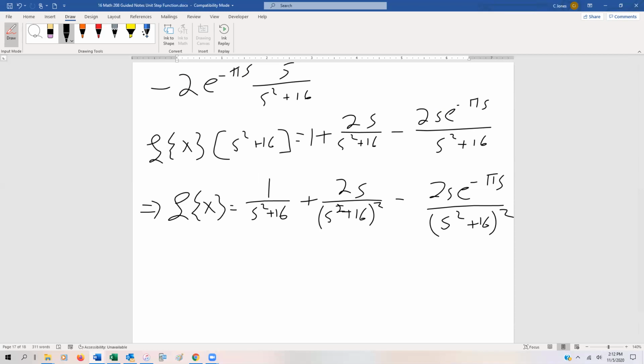Okay, so to prepare them, we're going to look back at the table, and we probably noticed that this has the form of k over s squared plus k squared. This one, and actually these two, have the form of 2ks divided by s squared plus k squared squared.